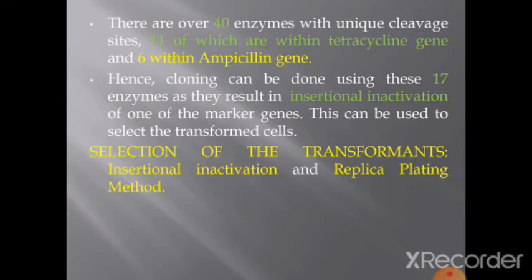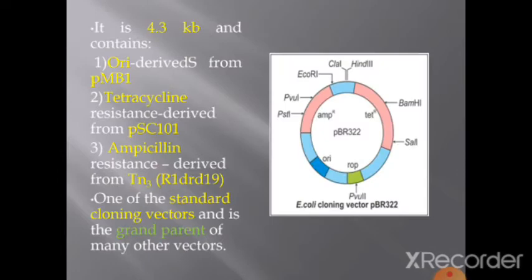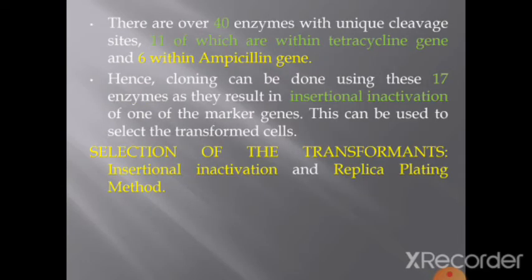Say for example, you can see here the tetracycline resistance gene, right? If you have a DNA of your choice, and you cut here by making use of BamHI and insert the DNA of your choice, the DNA insert will sit in between the tetracycline resistance gene. When it happens, this tetracycline resistance gene becomes inactive.